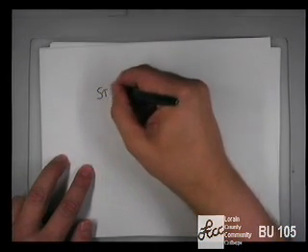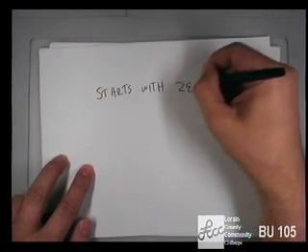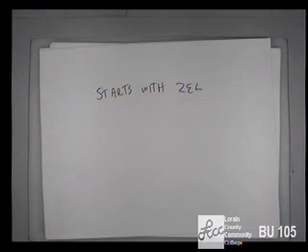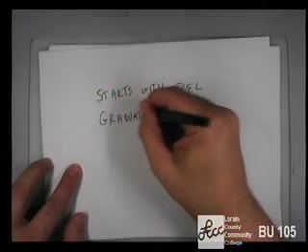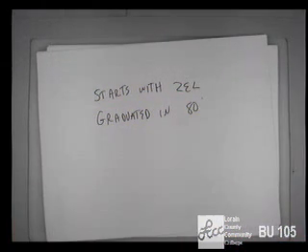The last name starts with a Z-E-L. And I don't know what year he graduated, but he graduated sometime in the 80s. And I do know that he was a computer science major.